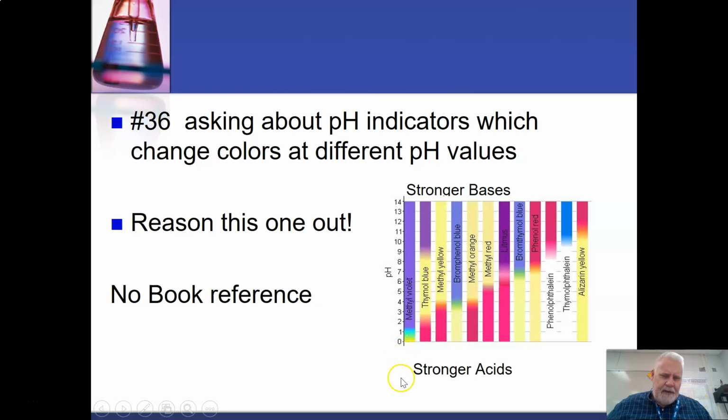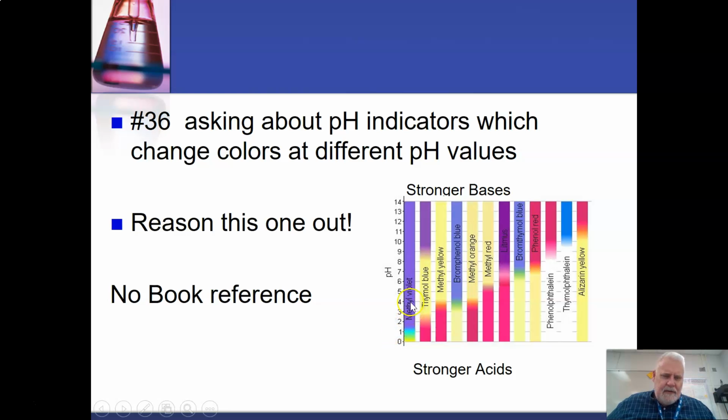We do that in AP all the time. You can have a pH of -2, but everything within most biological systems falls in this 0 to 14. If you're down here, it's a strong acid, and if you're up here, it's a stronger base. You can really reason this problem out.